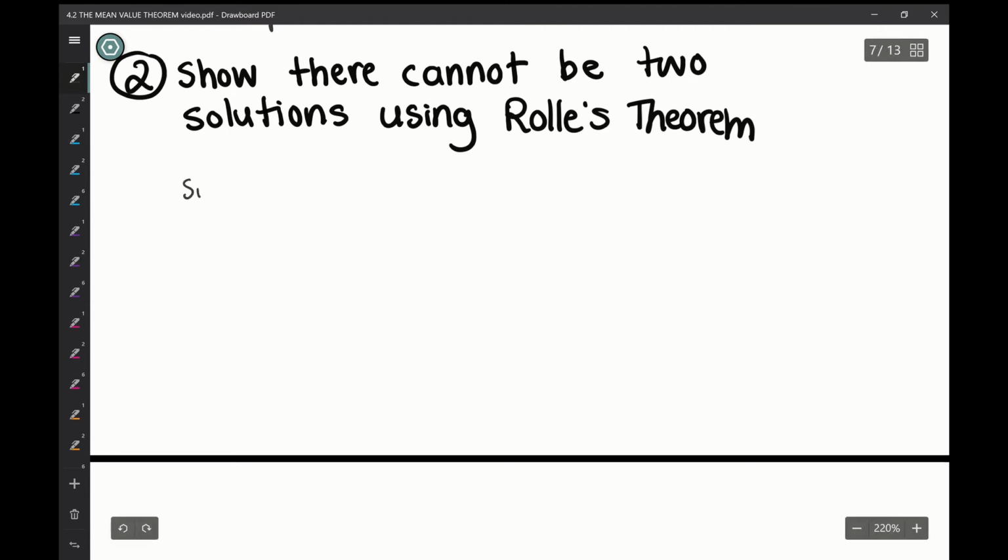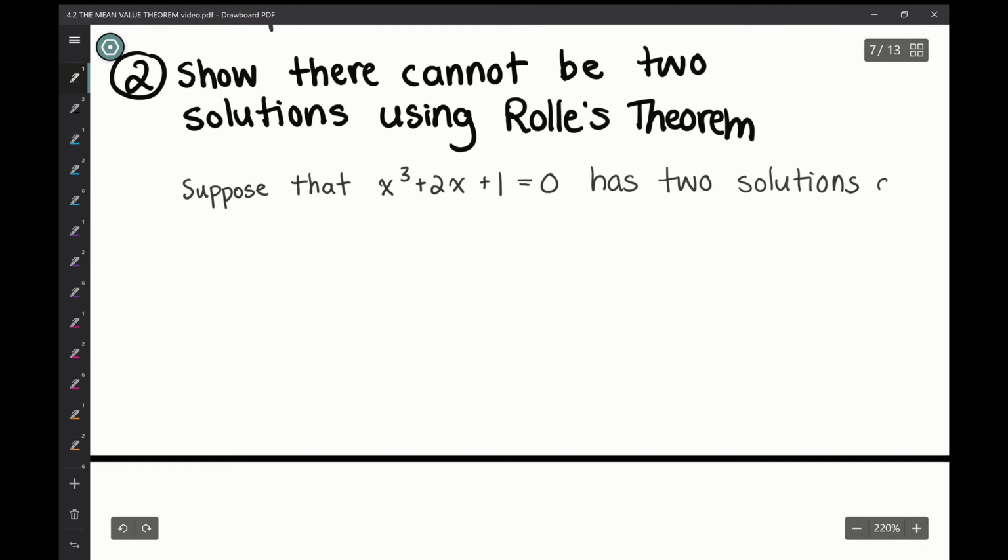So we're going to suppose that x cubed plus 2x plus 1 equals 0 has 2 solutions. And we'll call these solutions A and B. Now, we know that it doesn't have 2 solutions, but we're just supposing, maybe we'll pretend it has 2 solutions.